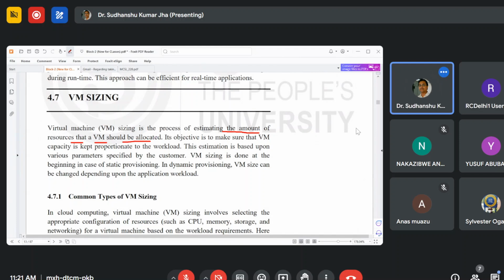So VM sizing is the process of estimating the amount of resources that a VM should be allocated, and its objective is to make sure that VM capacity is kept proportionate to the workload. Whatever the workload coming in, the number of VMs allocated should be proportionate to it.